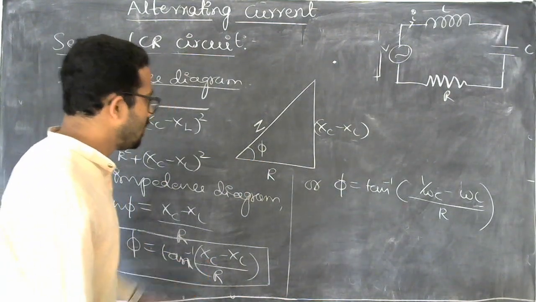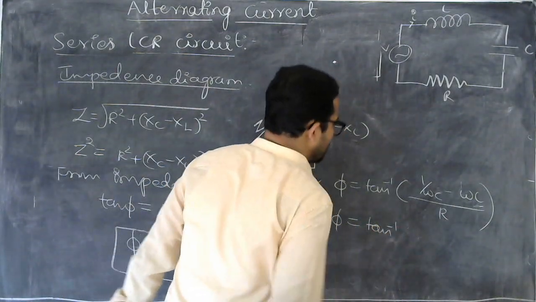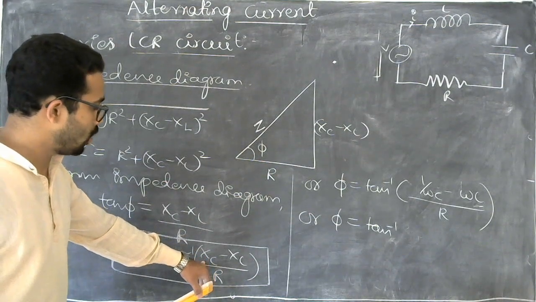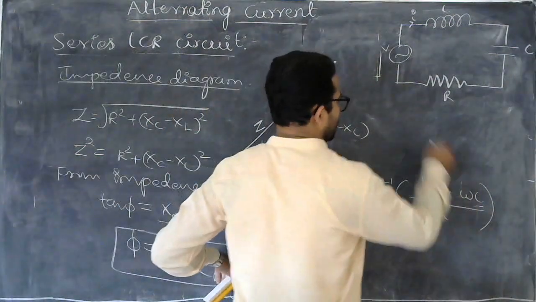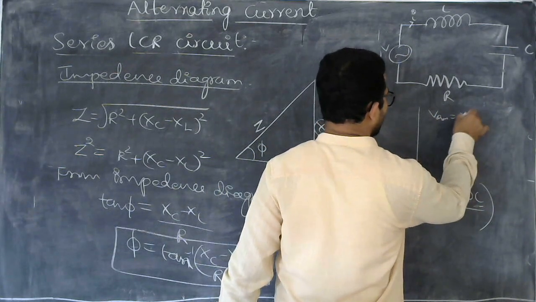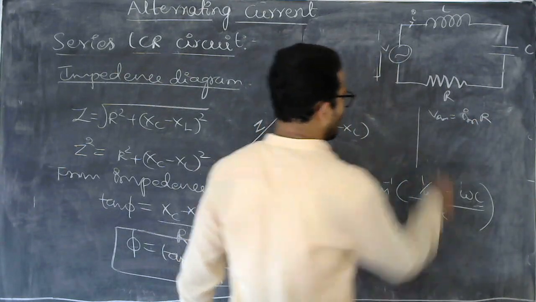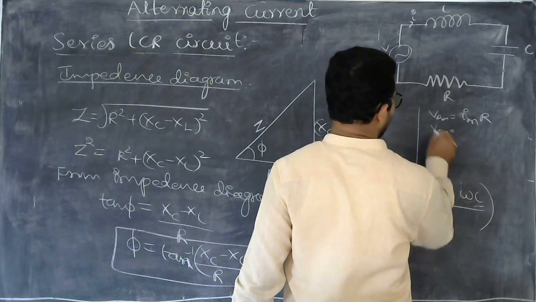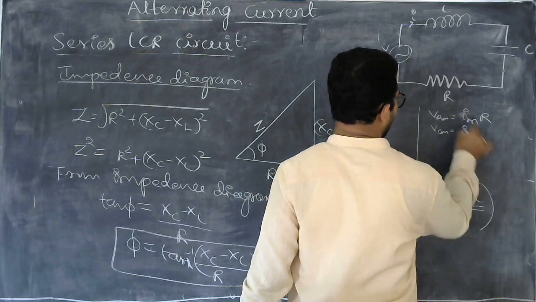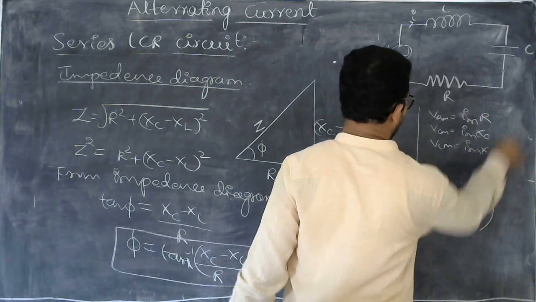In other words, you can also write phi is equal to tan inverse of, with the help of Ohm's law. You already know this equation, that is Vrm is equal to Im into R, and Vcm and Vlm are the magnitudes of these phasors. So Vcm is equal to Im into Xc, Vlm is equal to Im into Xl.